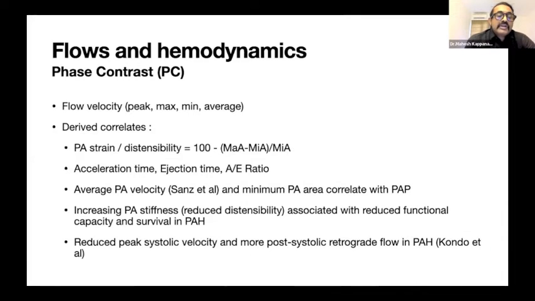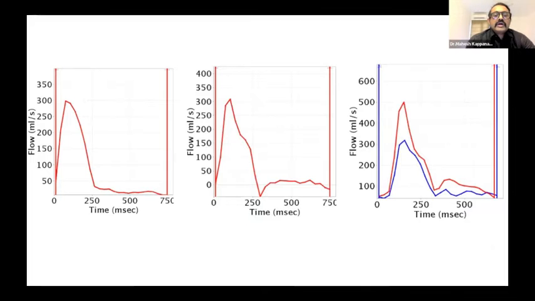You can obtain information on peak, maximum, minimum, and average flow velocities, and a host of derived correlates, which include PA distensibility, acceleration time, ejection time, etc., have been used by various authors in understanding, characterizing, and describing the various aspects of pulmonary hypertension. And even a gross visualization of the flow time graphs across vessels with different levels of pulmonary vascular resistance gives you a visual estimate of the pulmonary vascular resistances.